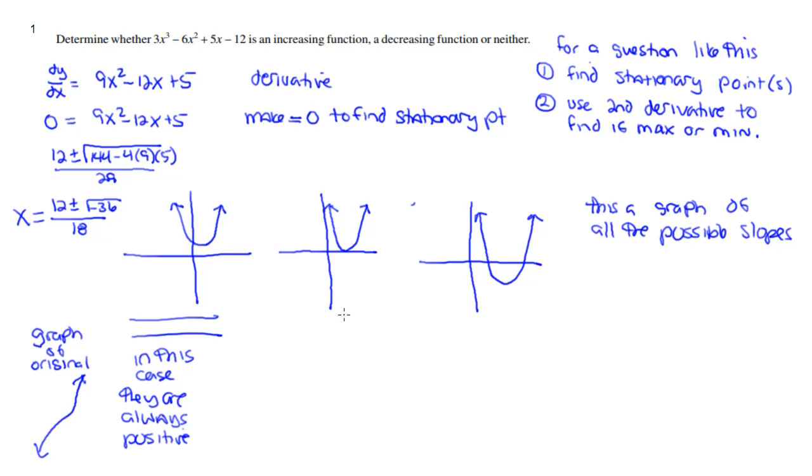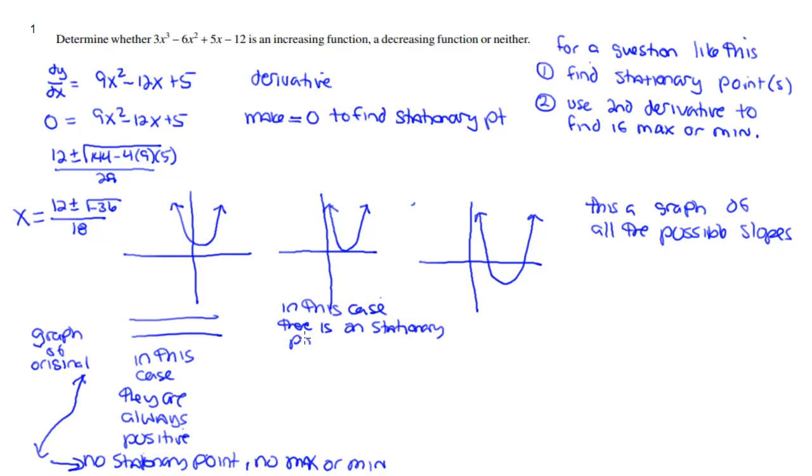Now in this second example, it touches the x-axis once. That means there's going to be one stationary point where there were no stationary points in the first one. In this one, we know that there's one stationary point. And if you look at the values of the slope, they're positive before and they're positive after the stationary point. Well, this is called a point of inflection.